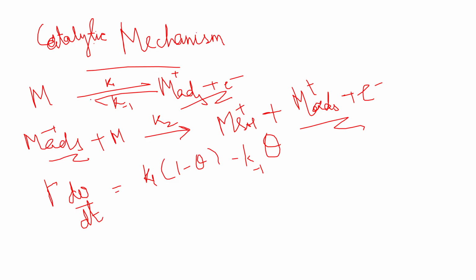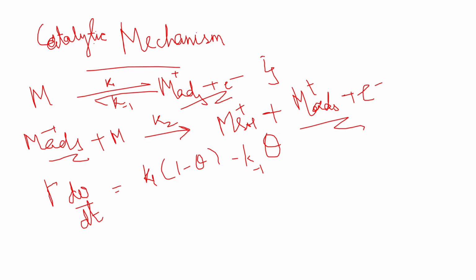In the first step, in the forward reaction M adsorbed is formed and in the backward reaction M adsorbed is consumed. While in the second step, M adsorbed is actually facilitating the reaction, but it's not getting consumed or formed. It comes out as such. There is no change in the site balance. That is why, when writing the site balance, we only consider the first reaction.